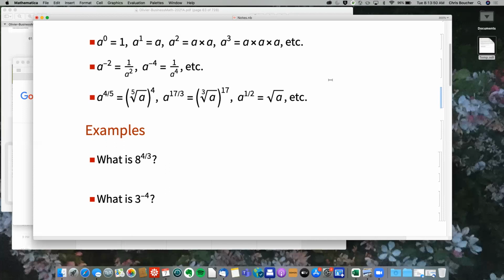Yeah, exactly. 3 times 3 times 3 times 3. And so now you could do that by hand on a calculator or whatever. It comes up to be 81, I think.